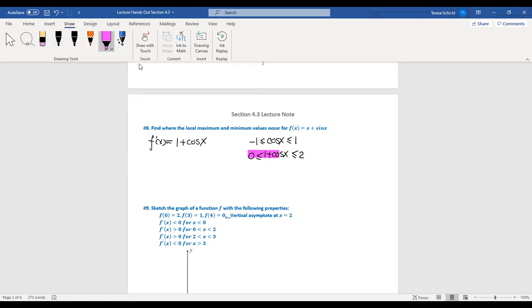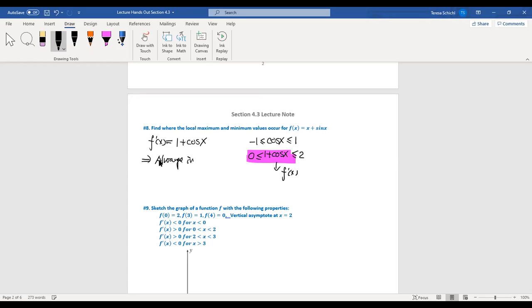So I know the 1 plus the cosine x, this is my f prime of x. So the f of x is always continuous, right? I'm sorry, it's always continuous, always going up, right?